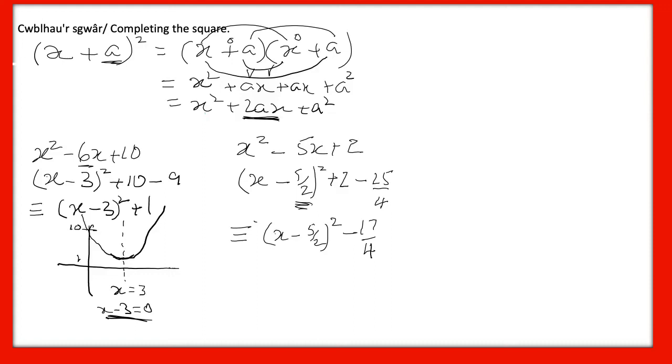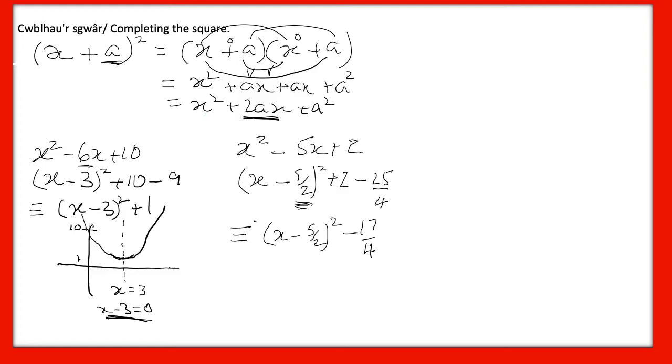And again, I could sketch that one. Its line of symmetry is x equals 2.5 or x equals 5 over 2. Its least point occurs at 5 over 2, minus 17 over 4. It's got an intercept at plus 2, so therefore it will have two roots, both on the positive x-axis.